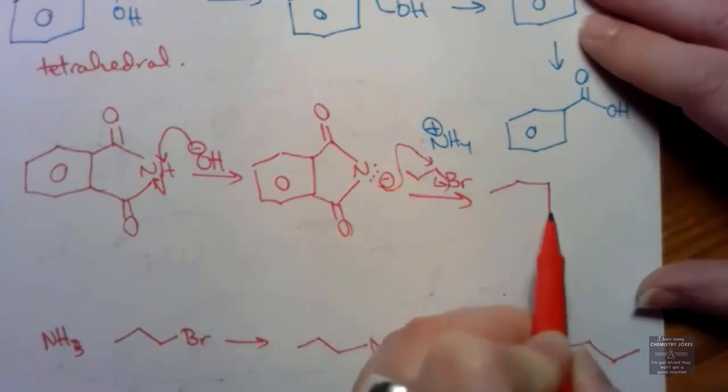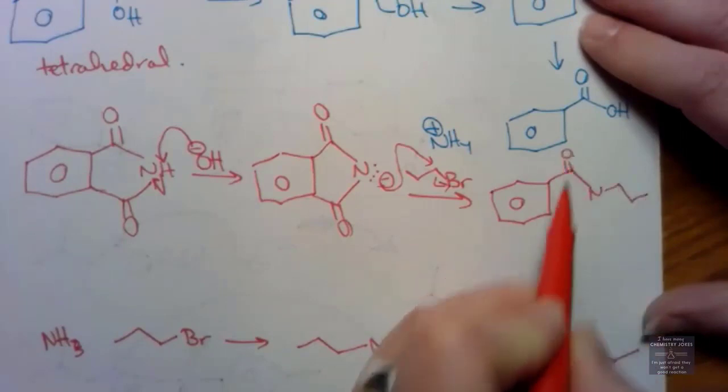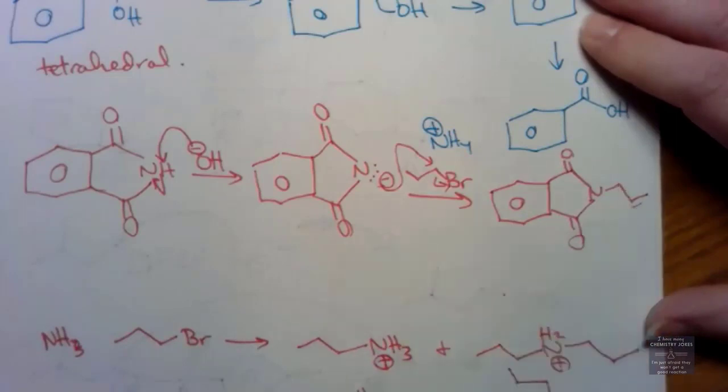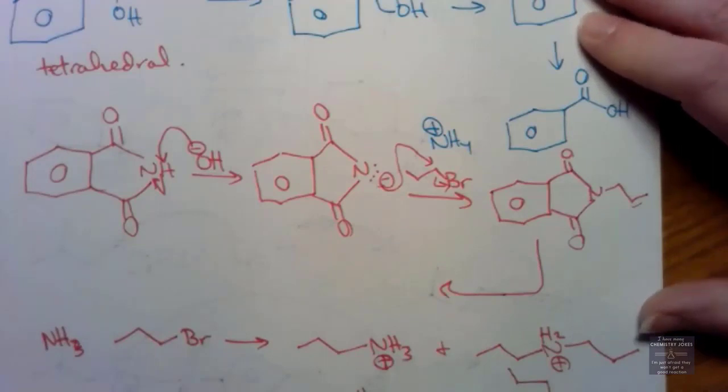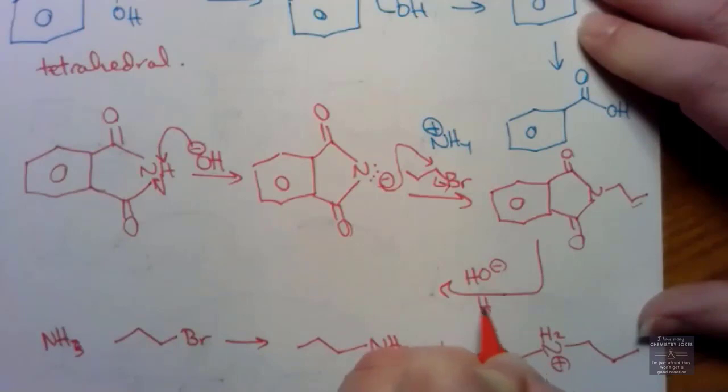It's a primary alkyl halide. SN2. It brought along 3 carbons. And then this says hydrolysis or NH2NH2. We're going to do hydrolysis, but we're going to do hydrolysis like this.